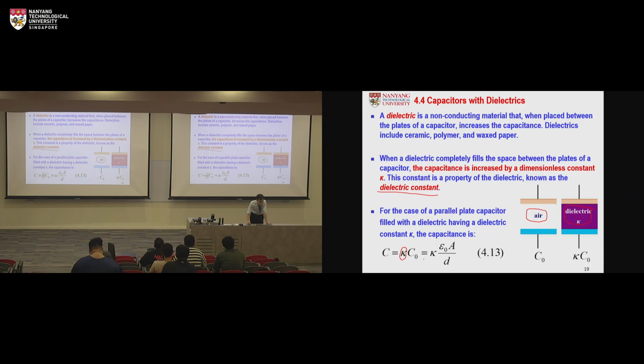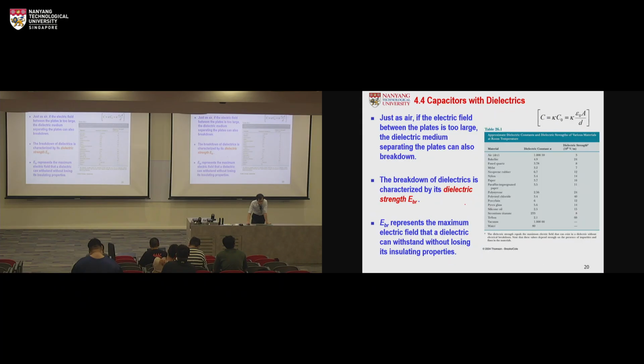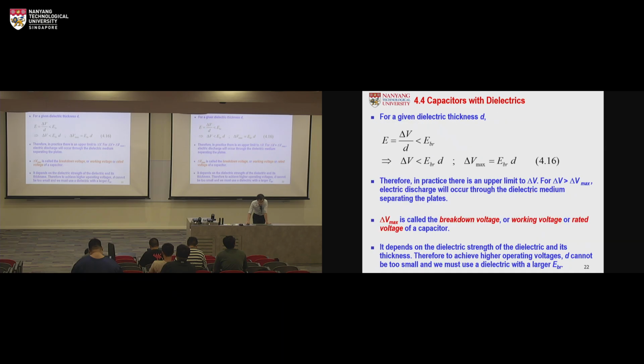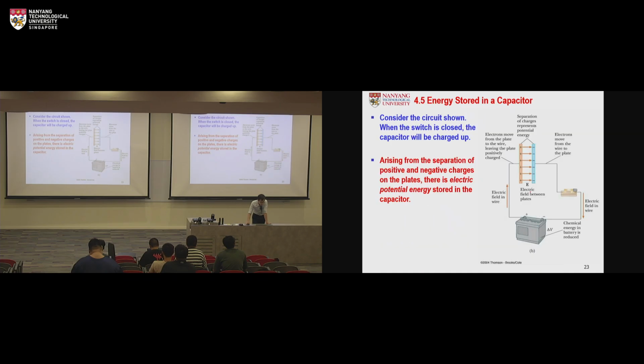And this one basically equals 1 for air or for vacuum. So you can see when you change this insulator from air to a certain insulator, all you need to consider is this dielectric constant when it comes to the capacitance. Here is just a table for typical dielectric materials. I think this one we can skip.